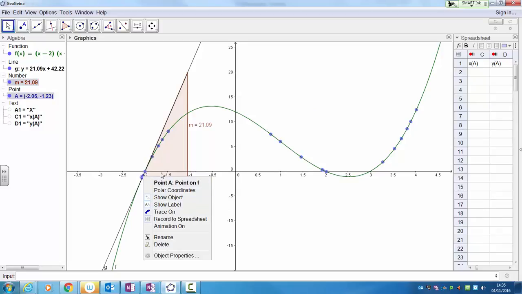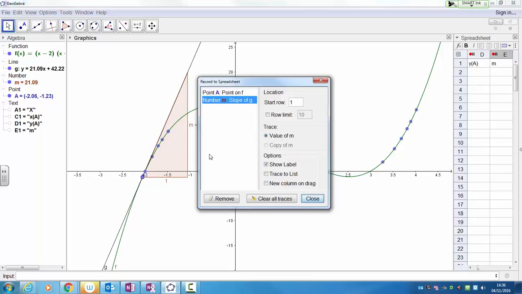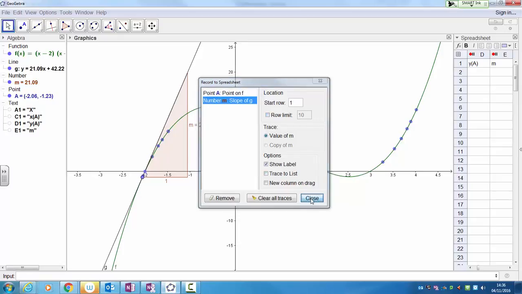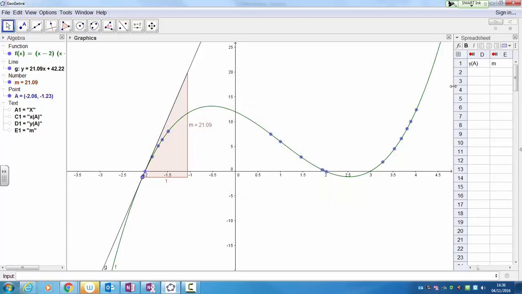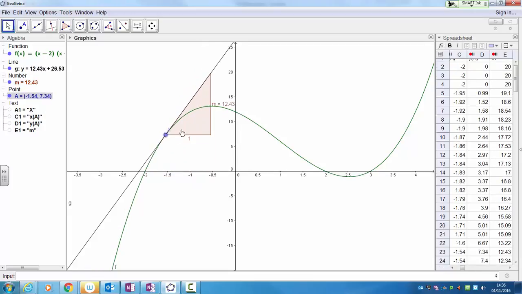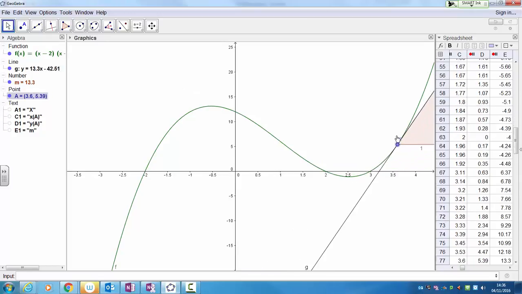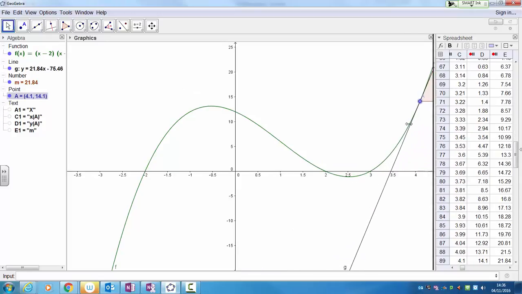But actually what I could do is click on here and record the slope. That's what we want. We want the slope on the spreadsheet. Okay, start at row 1. So say we did this. Here we've got, this is better. Okay, if I take this now, and took this all the way down, then this is what I've got now.